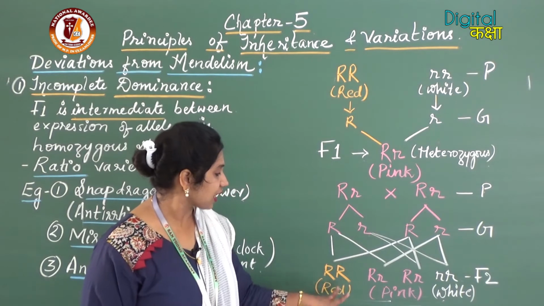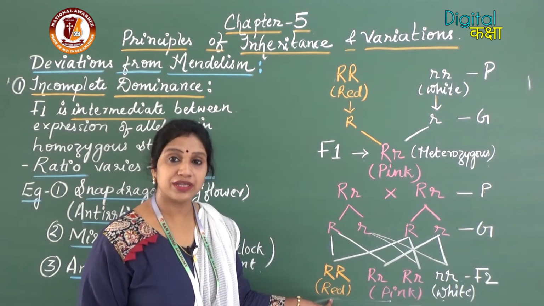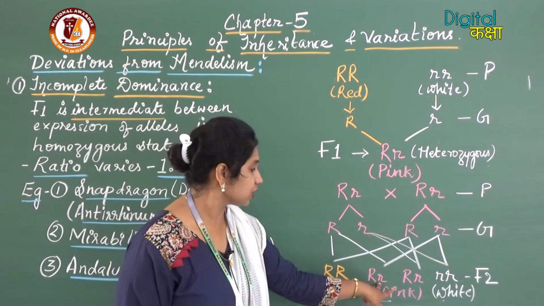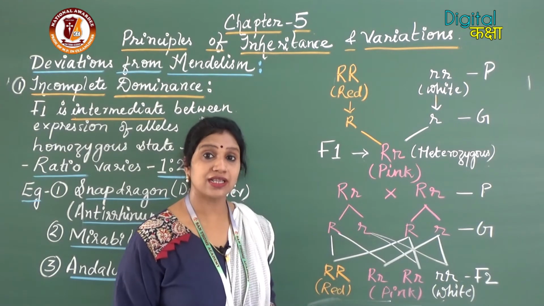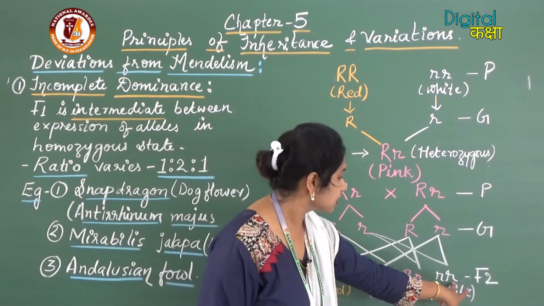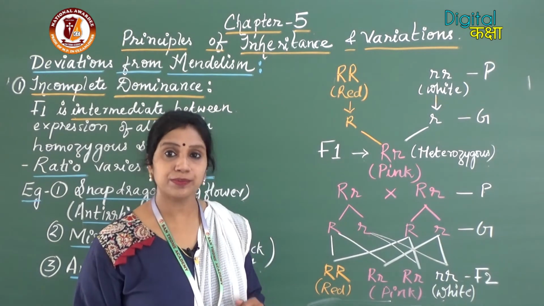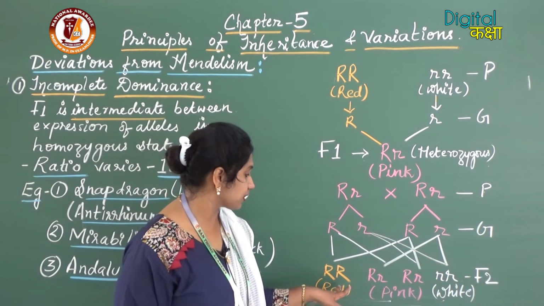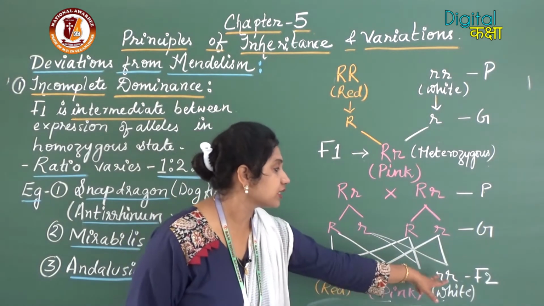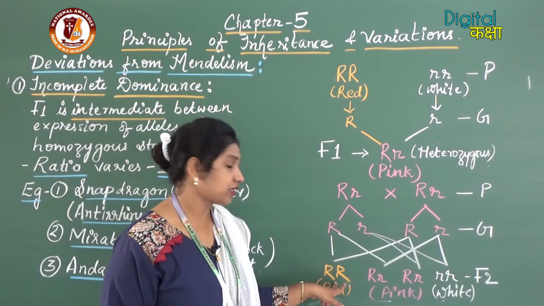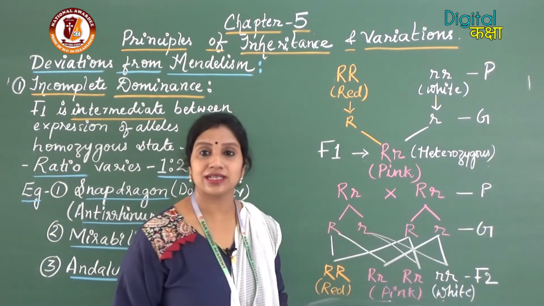Here the ratio you can see, 1 homozygous red color flower bearing plant, 2 heterozygous pink color bearing plants, and 1 white colored flower bearing plant. So here the phenotypic ratio is 1:2:1, means 1 red colored, 2 pink colored and 1 white colored.